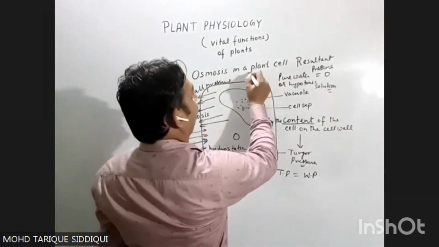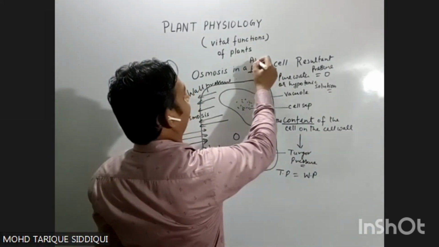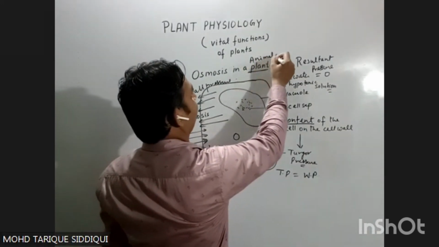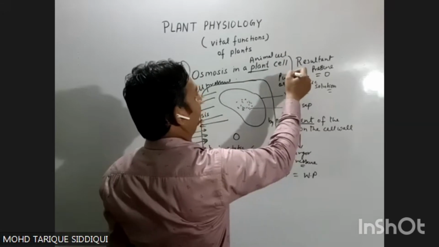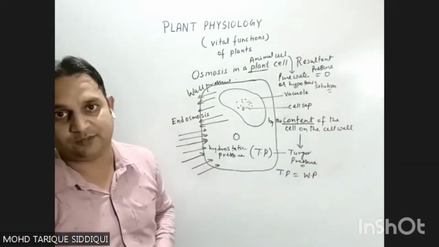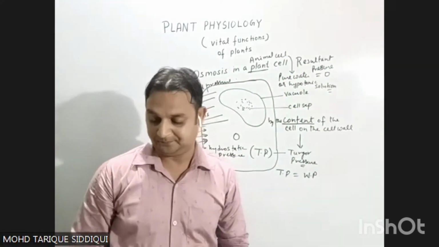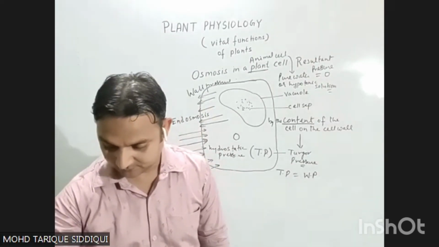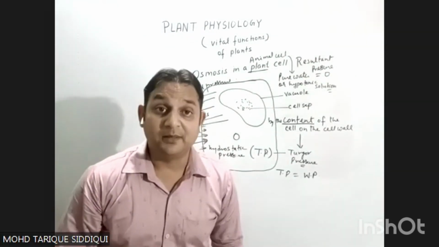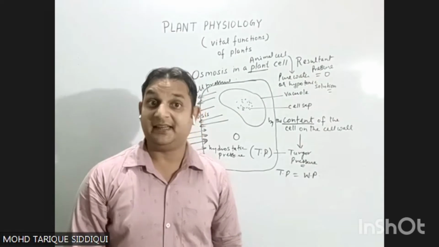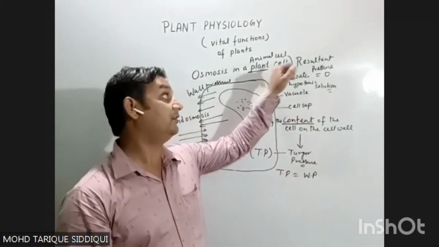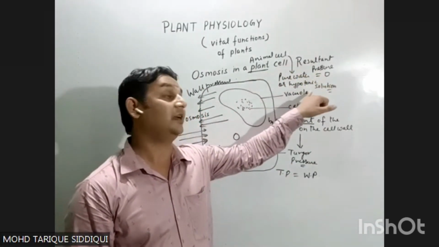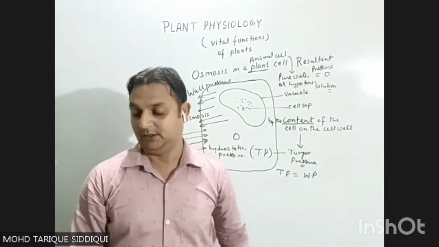Again, another question then. What will happen if the animal cell is placed in pure water or hypotonic solution? All these are the board's questions only. But the animal cell bursts, write it there, when they are placed in pure water or hypotonic solution.